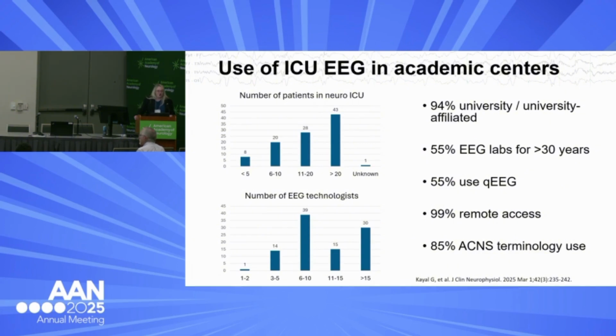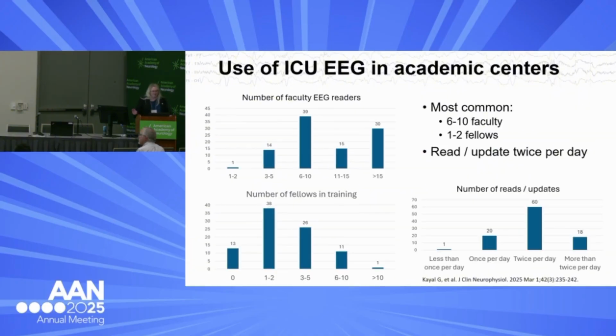What's also noteworthy is that the majority of inpatient academic centers are now using quantitative EEG. The overwhelming majority are using remote access, and I don't know how you would do it without remote access these days. And interestingly enough, many are also using the newer ACNS terminology, which was originally published in 2013 and was updated in 2021.